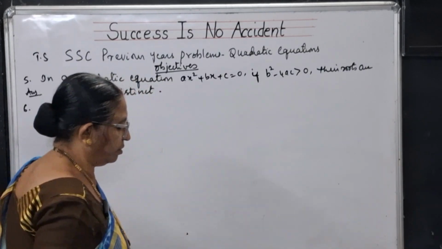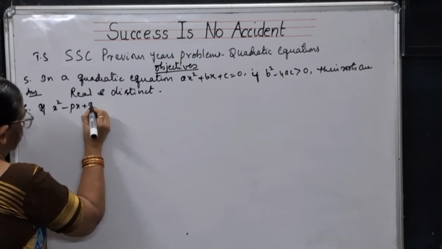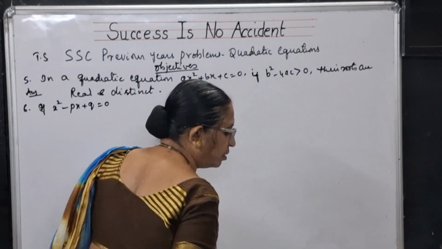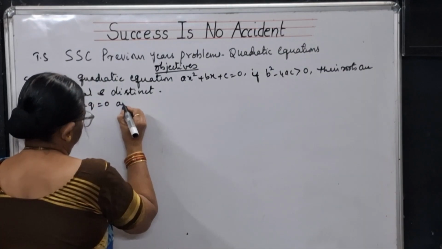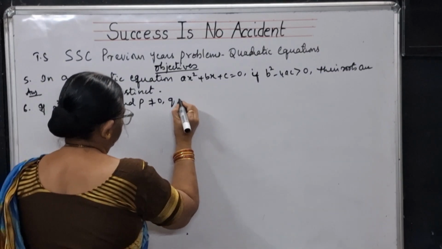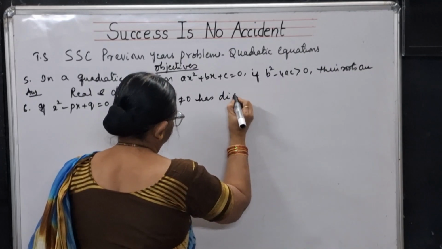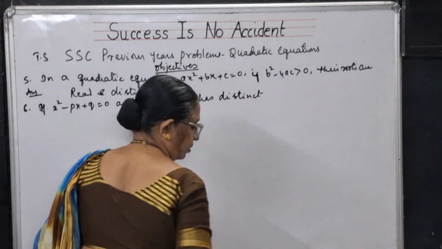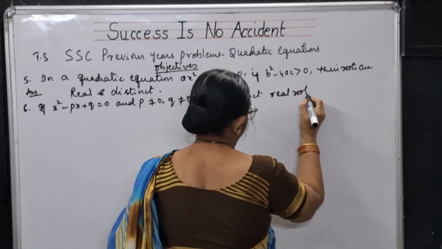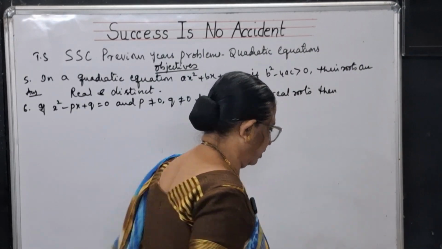Now, sixth one. If x square minus px plus q is equal to 0 and p is not equal to 0, q is not equal to 0, has distinct real roots, then what are you getting?